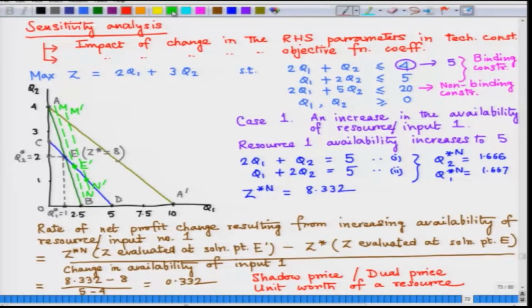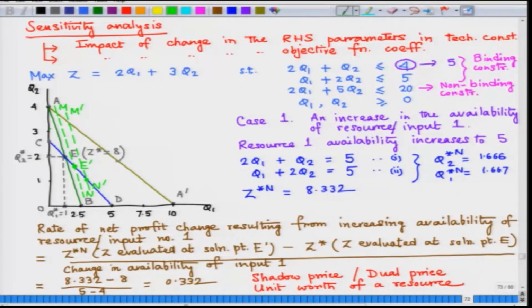Here, as I have already told you, if my input or resource constraint line A B shifts to M n and then M prime n prime, then basically I am relaxing my constraint, and there can be another case where I can also strengthen the resource constraint by reducing the availability of the input.